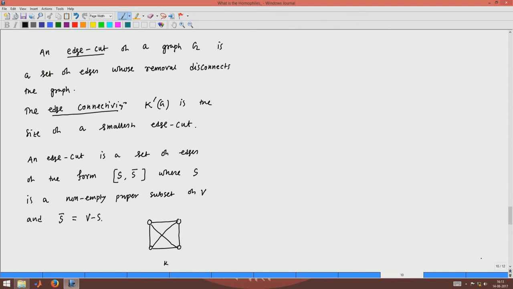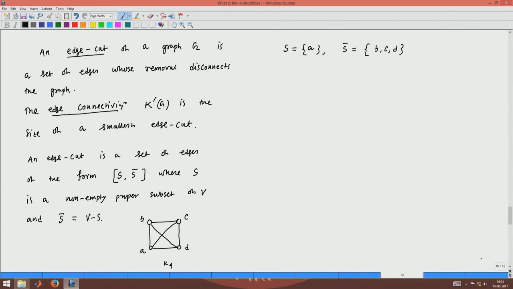So, this is K 4 and the vertices are A, B, C and D. Now, if I take my S to be say A, then it is a non-empty subset of the vertex set, and S complement, then obviously is B, C, D.